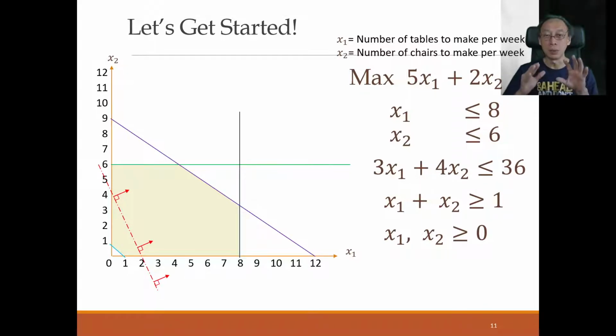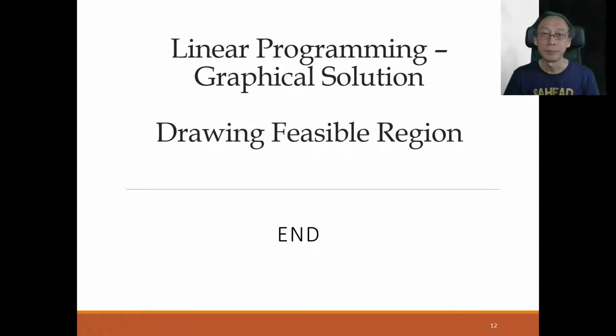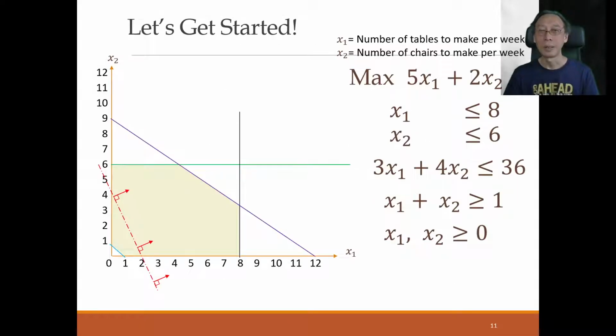Yeah, so we'll go step by step from a blank sheet of paper, literally, and hopefully, if you stay with me, we'll eventually come up with this polygon and this line here and learn how to associate each graphical component to the parts in the LP model on the right side. Let's get started.